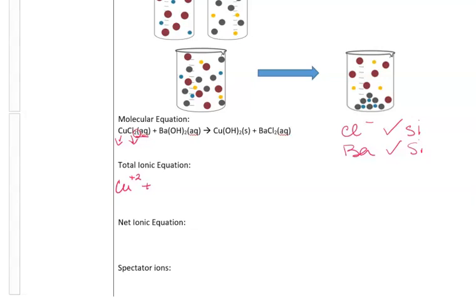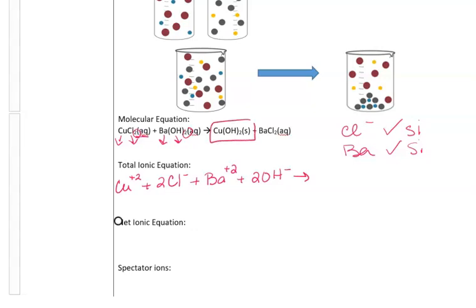Because there's a 2 behind it, I know I'm going to have 2 of those chloride ions, so I need a 2 coefficient. Barium hydroxide is also going to dissociate. Barium from the periodic table, I know is a +2. Hydroxide is a polyatomic that I know is a -1, and there's a 2 behind it, so I've got to make it a 2 coefficient with a -1 charge.